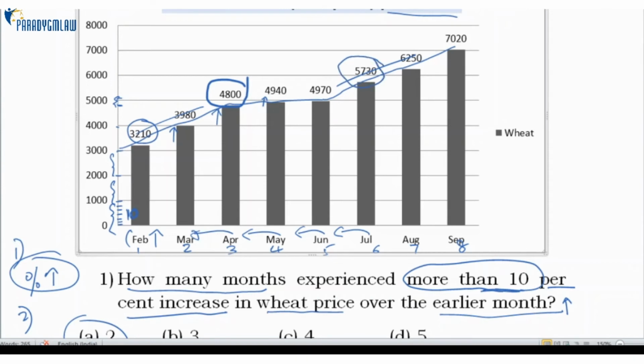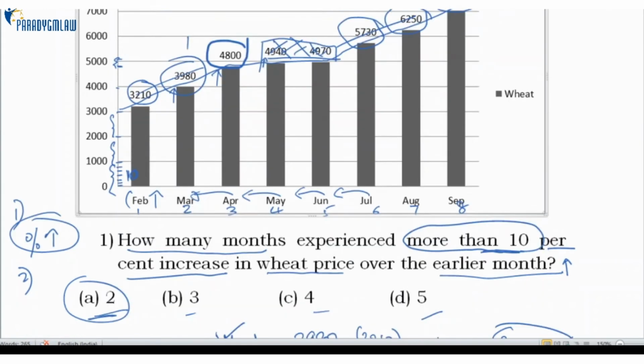That's a huge peak here. 5730, 6250, 7020. Now without calculating, I know that these two will not qualify. The numbers don't match up.